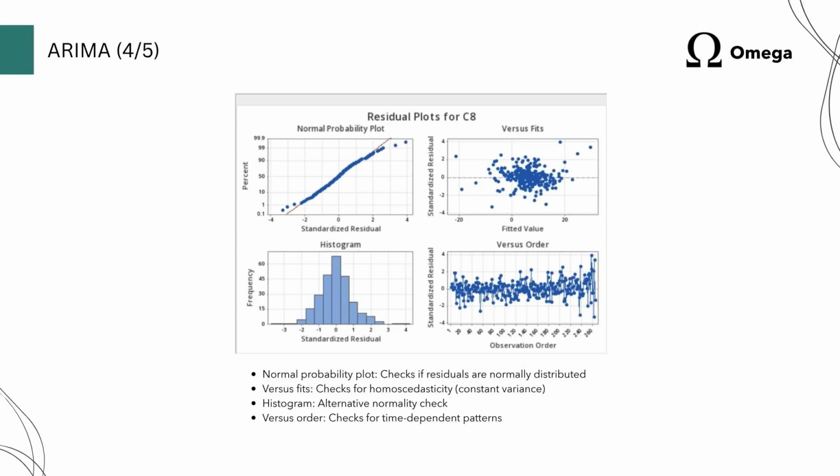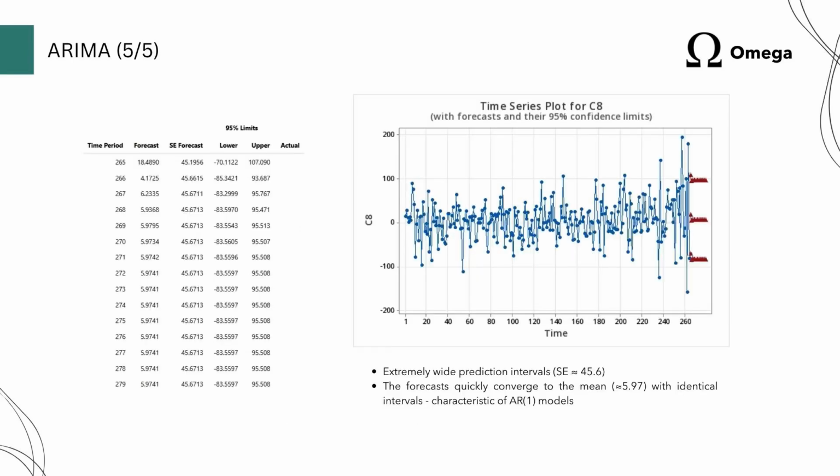The key takeaways are that the residuals appear normally distributed, and there is no evidence of heteroscedasticity and no time-dependent patterns in the residuals. Lastly, here is the time series plot with the prediction.